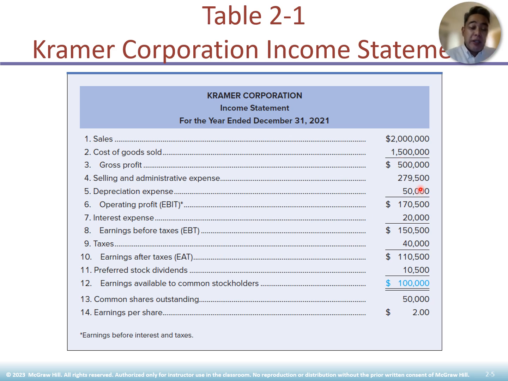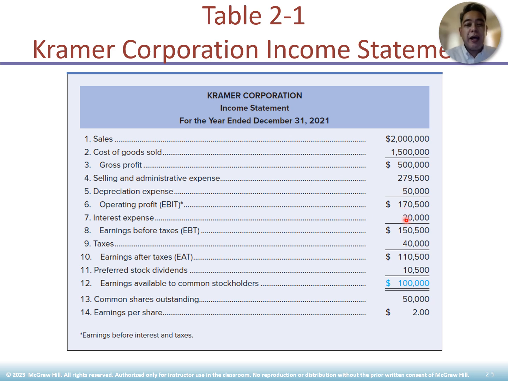At the same time, that 500 that you made as gross margin, you need to deduct 279 to sell it, and then some admin stuff that you incur. Admin might be HR, legal, finance, or any admin cost. So you would end up with $170 out of that 2,000 revenue.